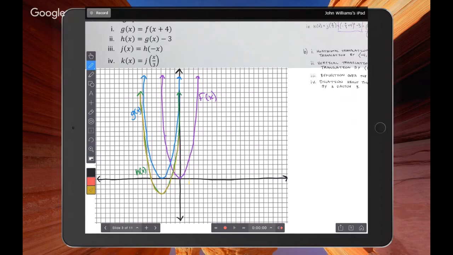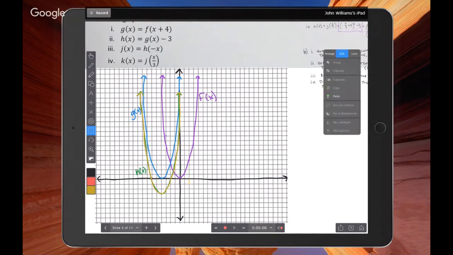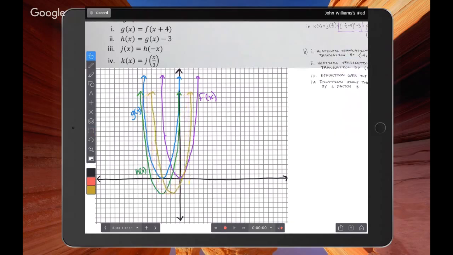I can just move it over, and we're going to see where it lands. And grab it. And so here it goes. 1, 2, 3, 4 spaces would take it to the x-axis. We want to move it to the other side of the x-axis. Okay, so another 1, 2, 3, 4 spaces. There it is. It's flipped over the x-axis.